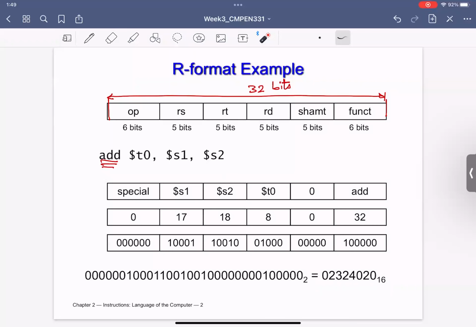So again, this is the first source, the second source, and this is the destination address. Please keep in mind that this is an address, and also this is an address.